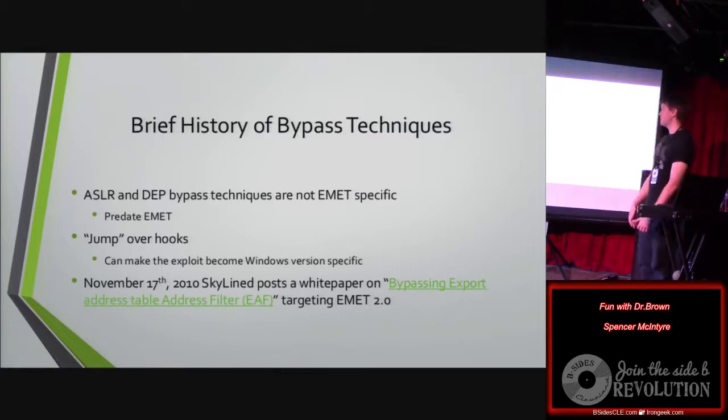And then to bypass DEP, pretty much you use the Windows API to turn on and off the protection. So these are all the techniques that we're all very, very familiar with. These all predate EMET itself, because of course these protections predate EMET. So not really there, but I want to point those out because those techniques are still applicable when EMET is in the environment, or when EMET is in the equation and protecting the application that you're targeting.